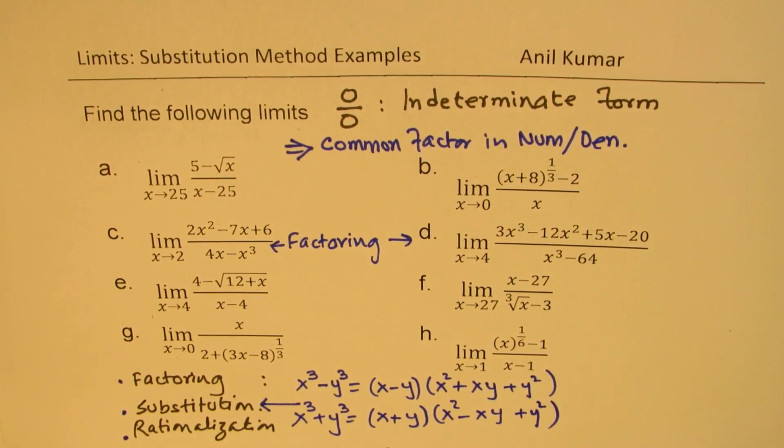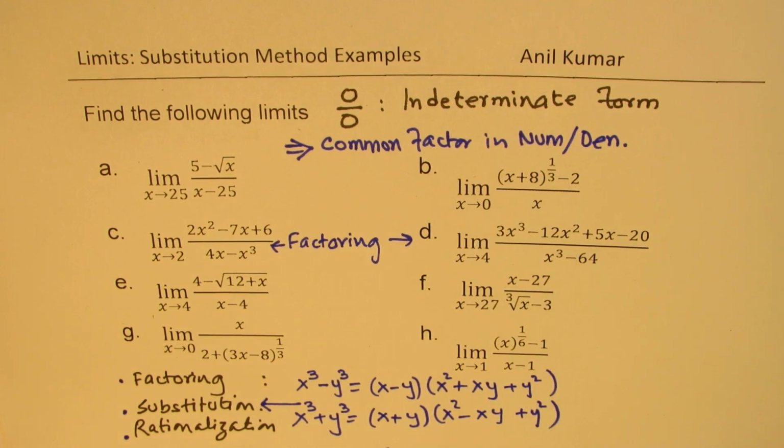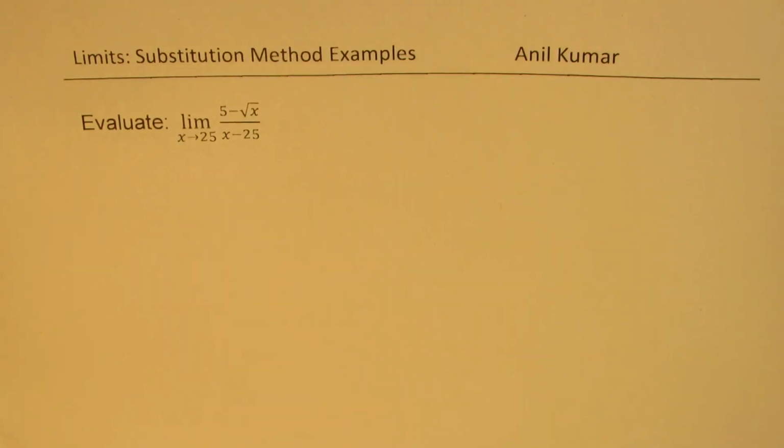These two formulas, the difference of cubes and the sum of cubes, are very important to understand for factoring. You could use them for many of these examples where I'm going to use substitution. So let's begin one by one, and let me take question number A first.